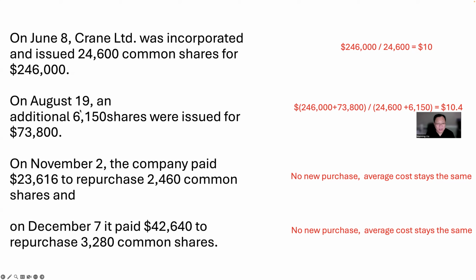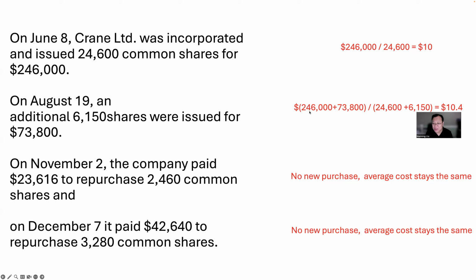On August 19th, an additional 6,150 shares were issued for $73,800. So if you want to know the average cost for the outstanding shares, you just have to calculate, after this second issuance, what is the total money you have spent.